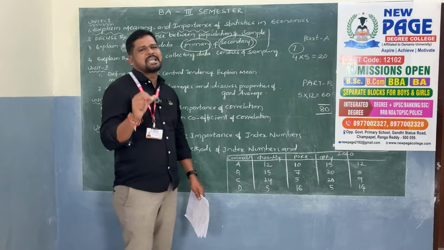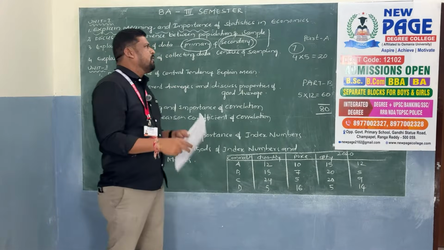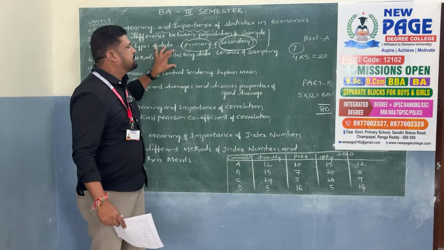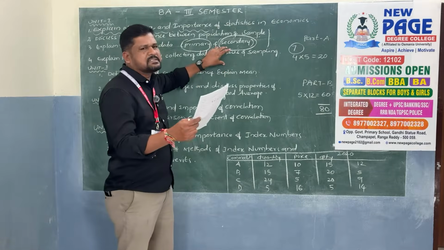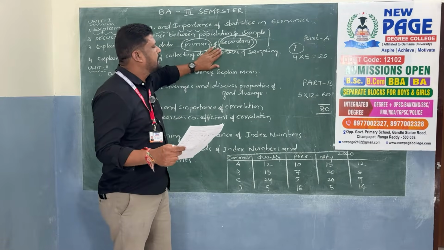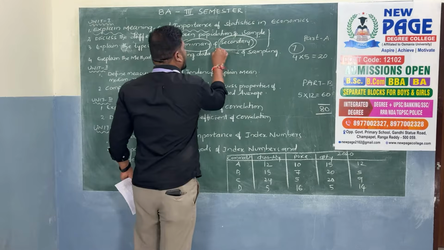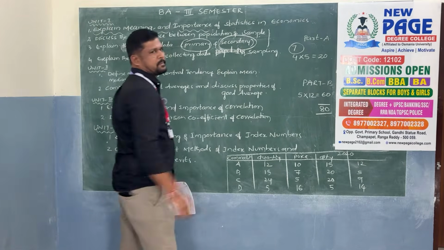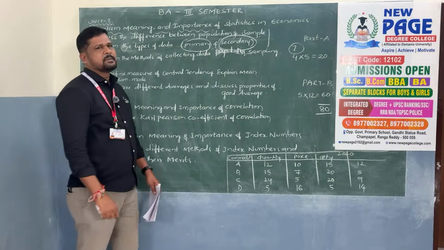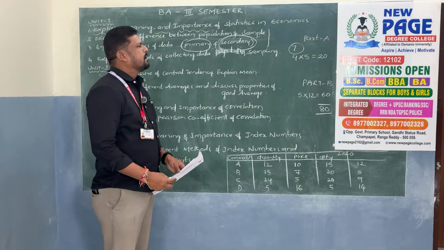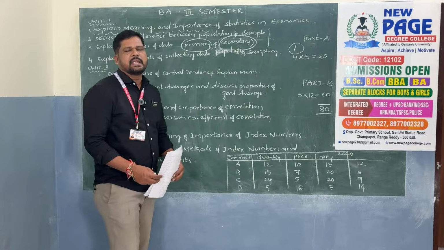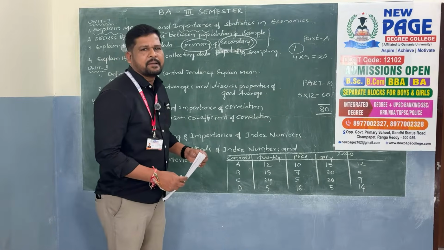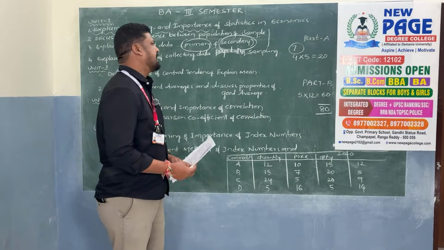So we have to write the differences between population and sampling. What are the differences? Meaning and purpose, accuracy, and time, cost, like that.